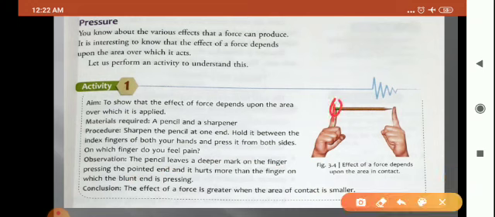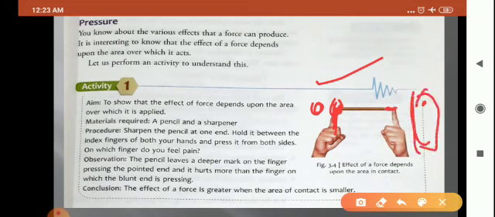So here your finger is more in contact with this pencil as compared to this pointed tip. Here the tip is pointing at a point on your finger, but this blunt side is covering more of your finger. Means this blunt side has more area of contact and this pointed tip has less area of contact with your finger.